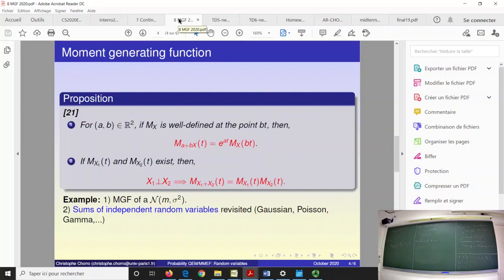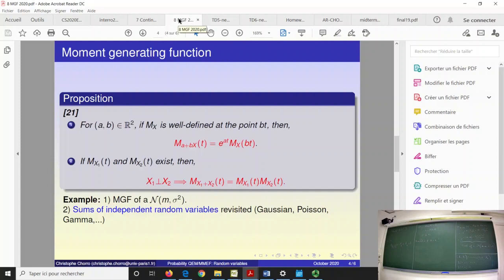You are looking for the moment generating function of the gamma? After the definition, for sure, you have it here. Just after the definition, I have done some computations: Poisson, gamma, N(0,1). So if you have understood, it's one minute to do.